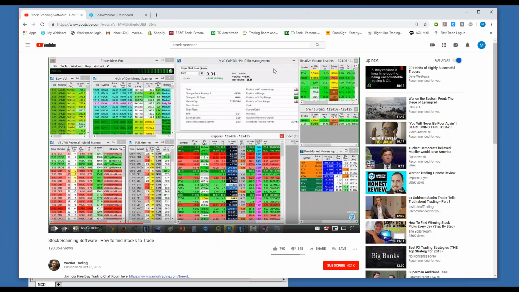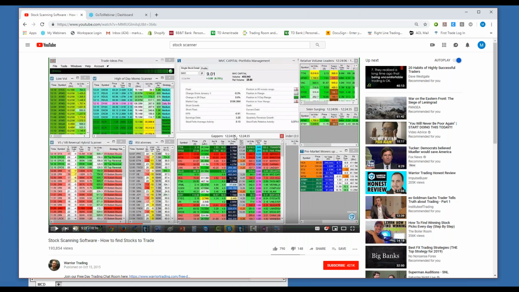Now, it's really not in essence. I guess in essence, it is a stock scanner or a market scanner, but it's really not telling you the best stocks to trade, the best futures markets, or the best forex markets to trade.